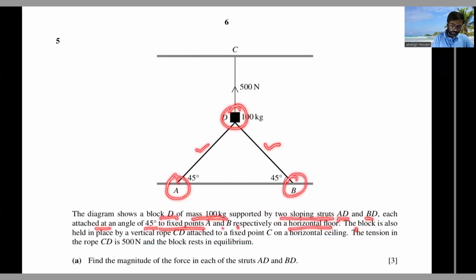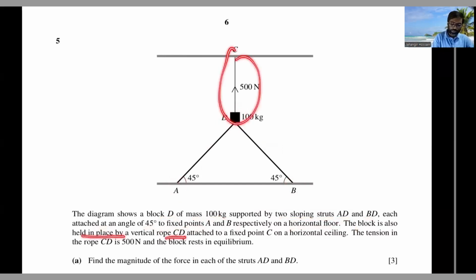The block is also held in place by a vertical rope CD attached to a fixed point C on a horizontal ceiling. The tension in the rope is 500 Newton. The block rests in equilibrium, and we need the magnitude of the force in each of the struts AD and BD.